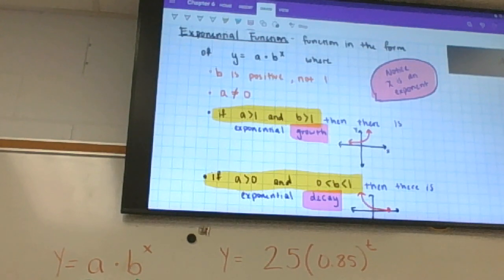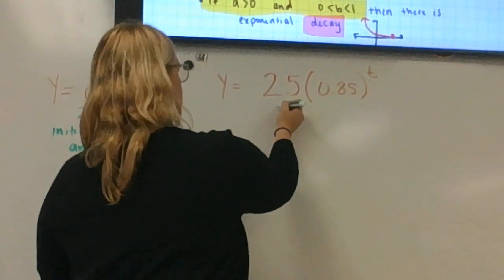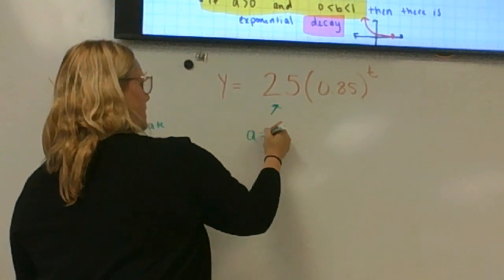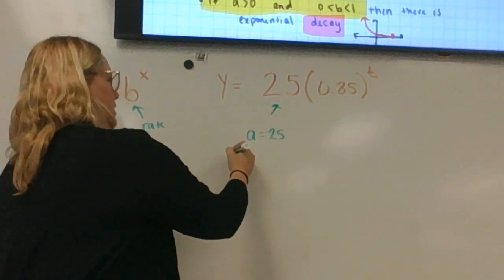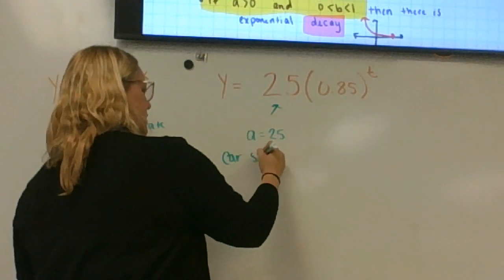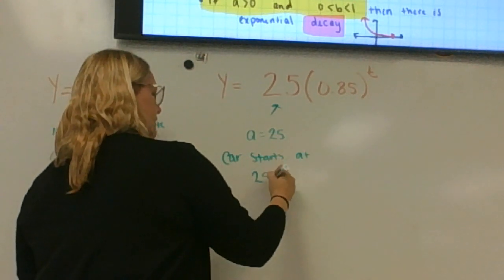And B is the rate. So when I see this car, this is the A spot, this means A is 25, and the car says it's in thousands, so the car starts at $25,000.